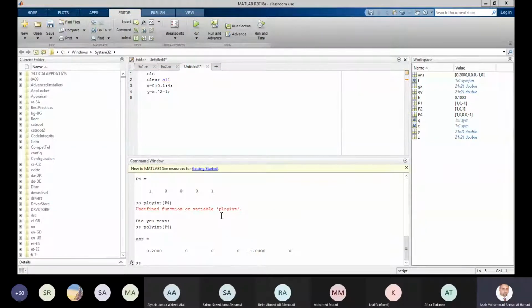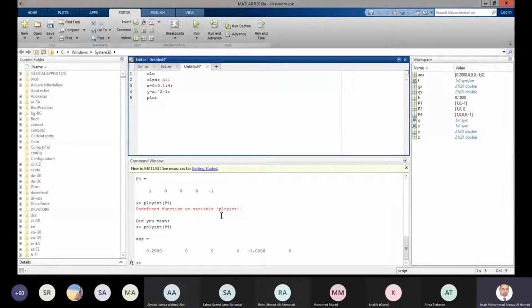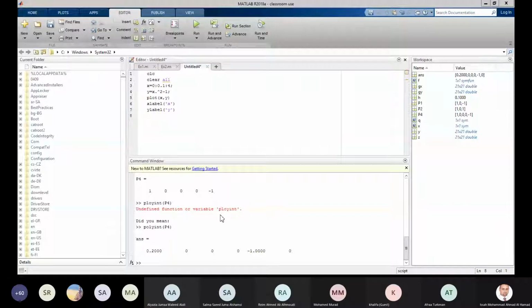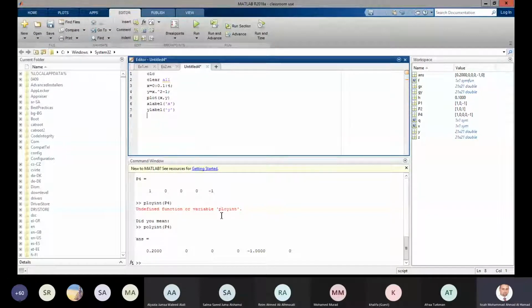Now, let me plot this function first. Now, let me find dx, which is diff of x.